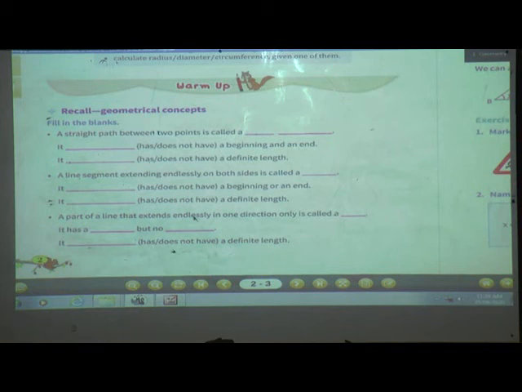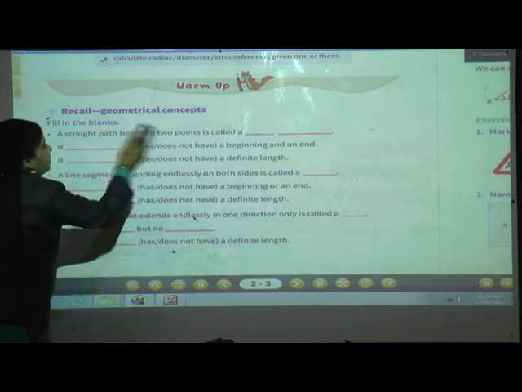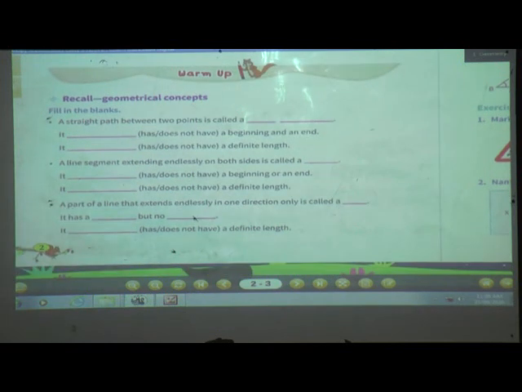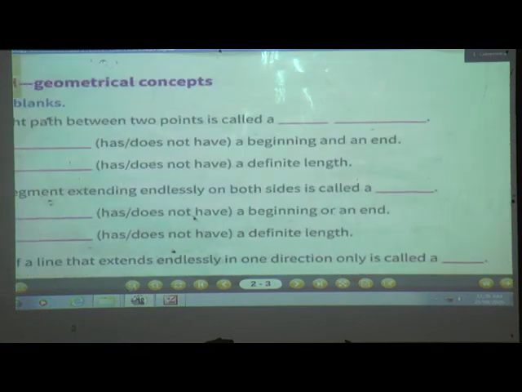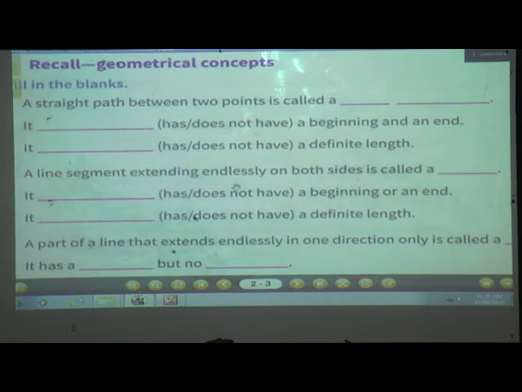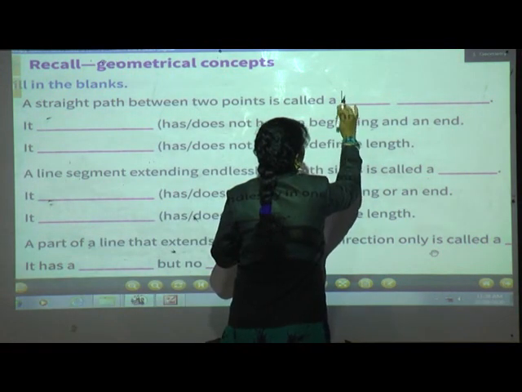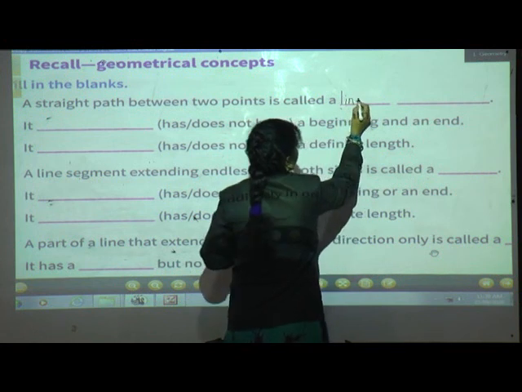First one, a straight path between 2 points is called a, yes students, what do we call? Yes, we call it a line segment.